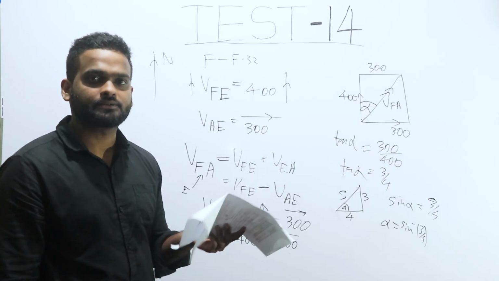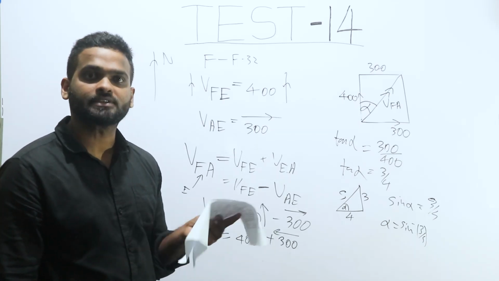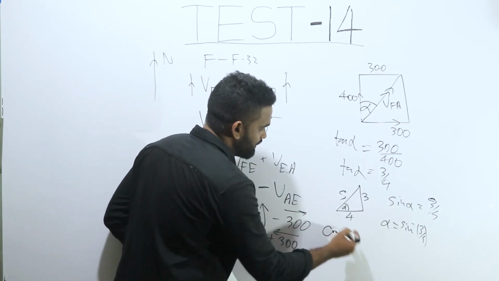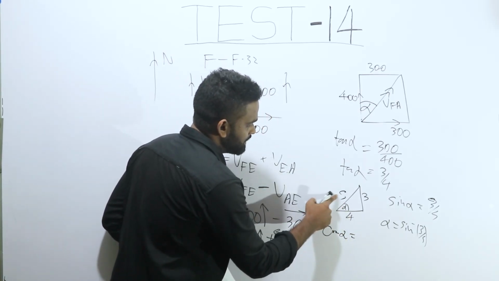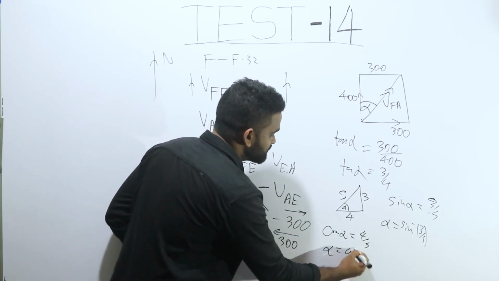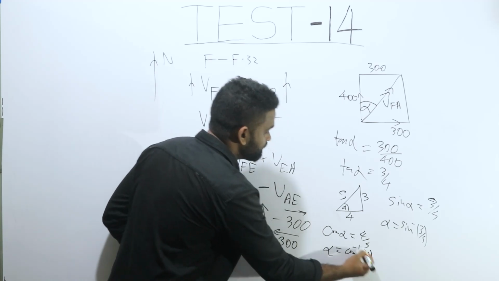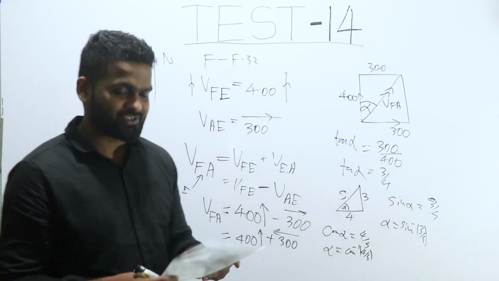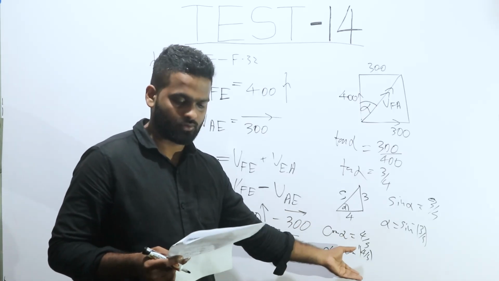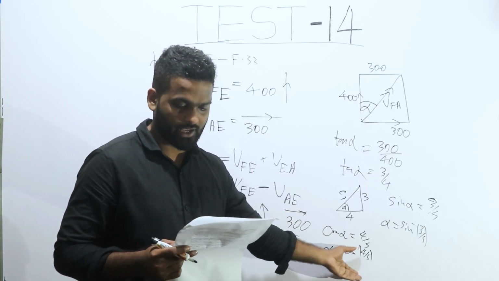They could ask this question in terms of cos as well. Let's say what is cos alpha? Cos alpha is adjacent divided by hypotenuse, so it is 4 over 5. So alpha in terms of cos is cos inverse 4 over 5. So the same angle, but in terms of cos, that is cos inverse 4 over 5. We don't have that.